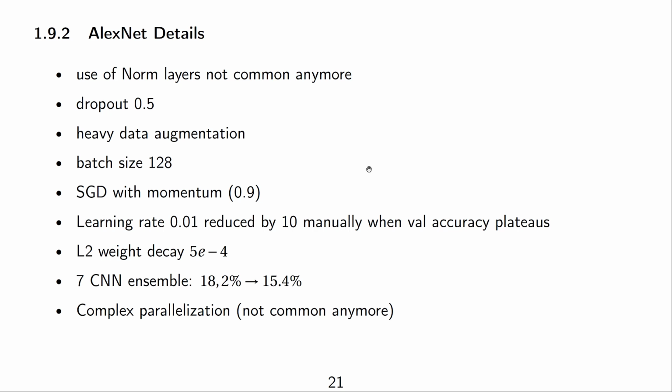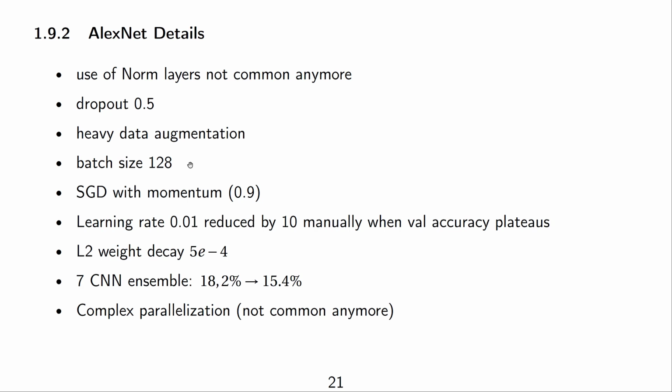Some other details about the network: the authors proposed some form of norm layers that are not common anymore and that we therefore will not discuss here. The authors used dropout with a pretty high rate of 0.5 in selected layers. The paper made use of heavy data augmentation. That was also a strategy used to make the paper successful.